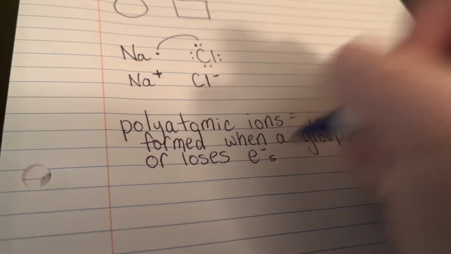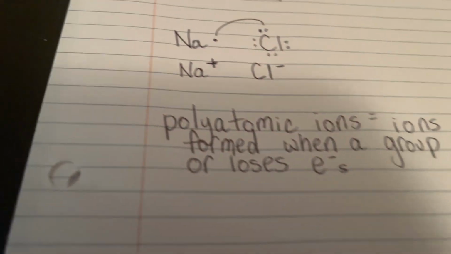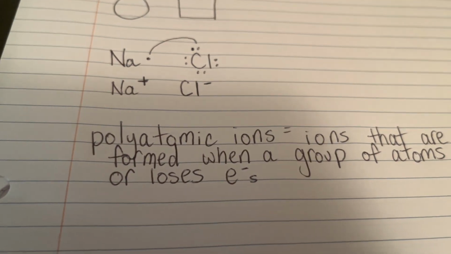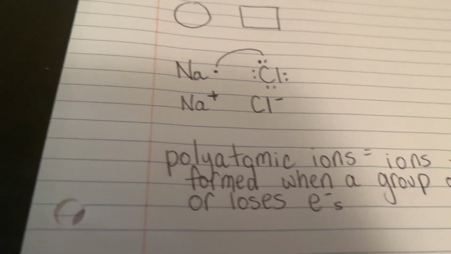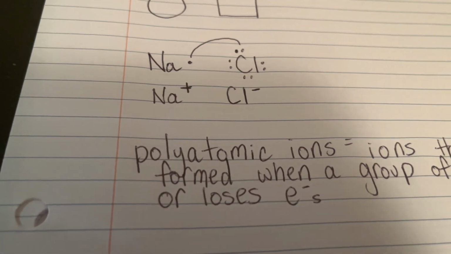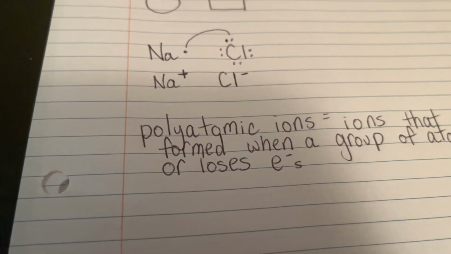And you guys know I write electrons like that. Okay? So that's what a polyatomic ion is, and you need to know this definition. So let's look at how this happens.